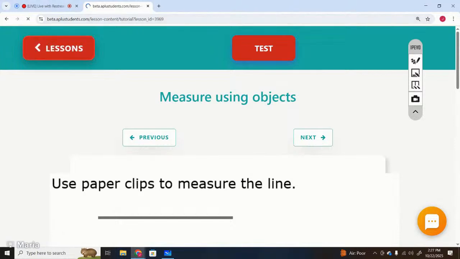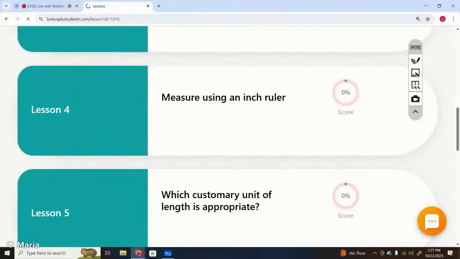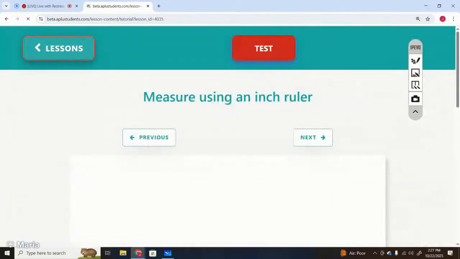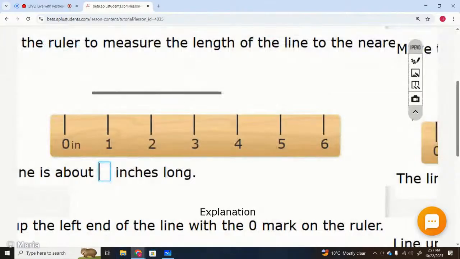The next lesson is my inch ruler. So we need to use the ruler to measure the length of the line.